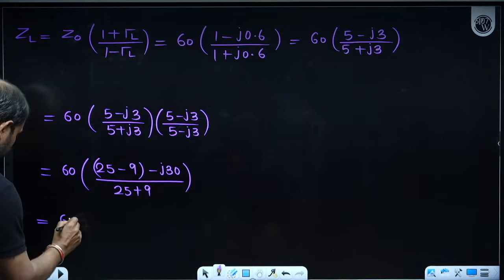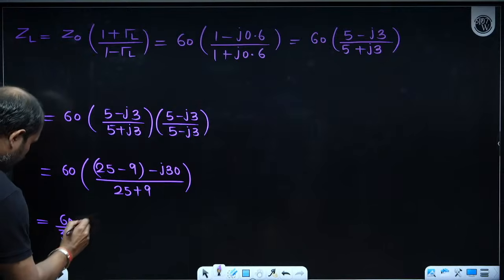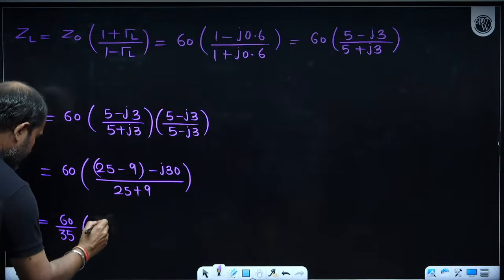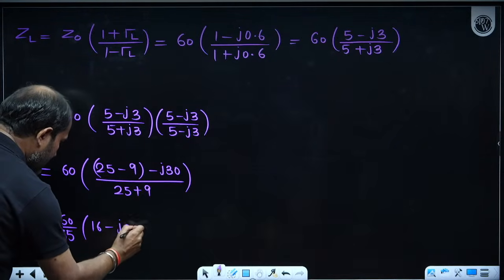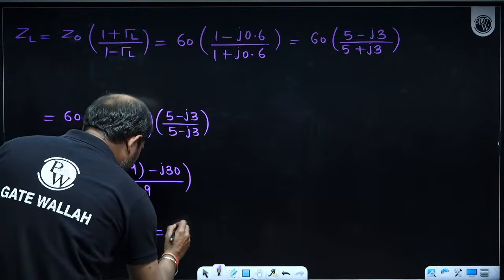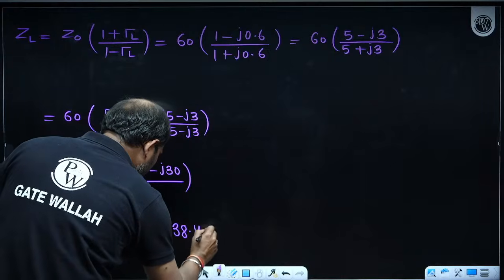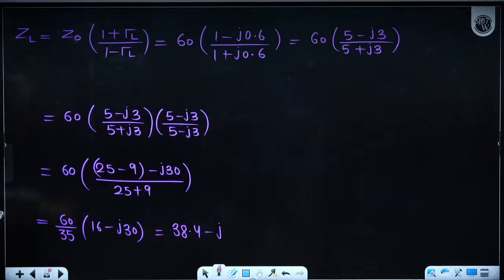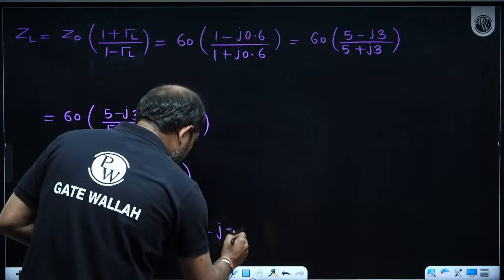So 60 divided by 34 and 25 minus 9 is 16, 10 minus j30. So it will be 60 divided by 34 into 16, and minus j 30.